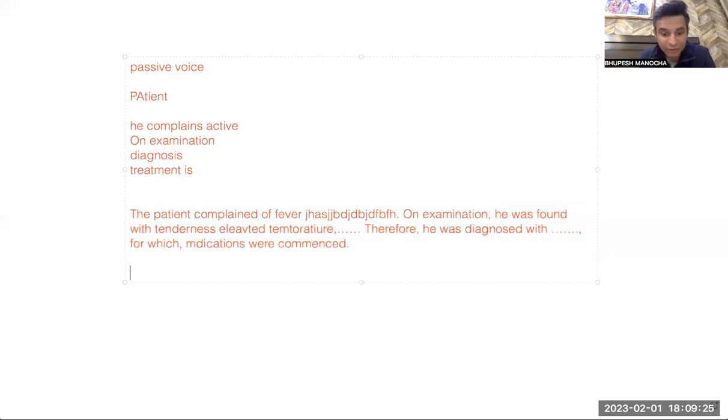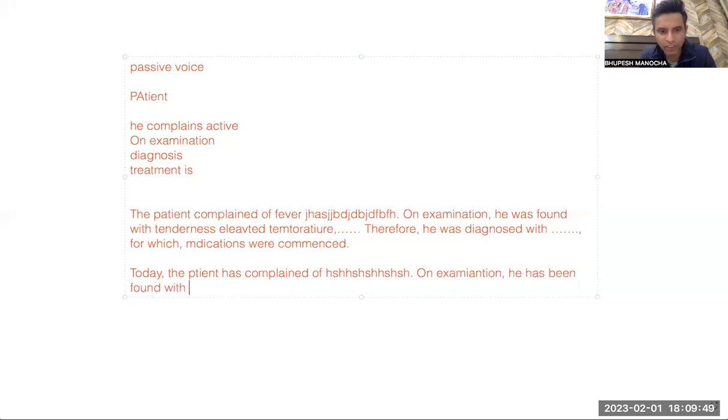If by chance it is today, then the only change you have to make is, today the patient has complained of. The only word you add in the present tense is has. It is active. Today the patient has complained of blah, blah, blah. On examination, now grammar, he has been found with. That is passive voice.